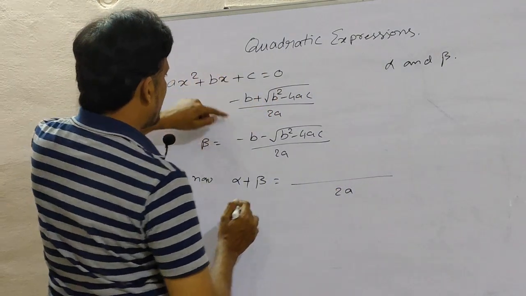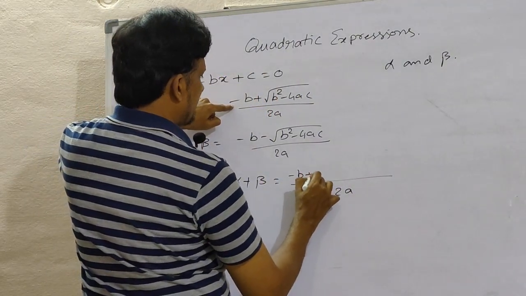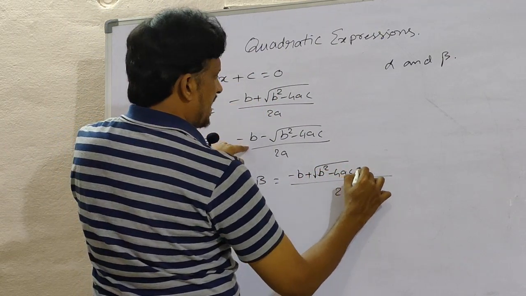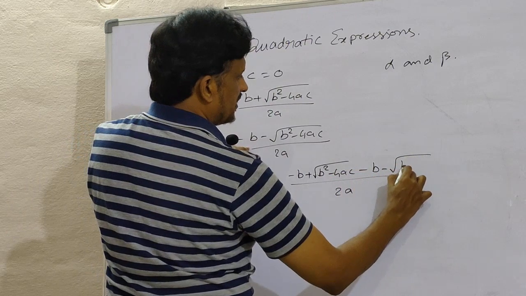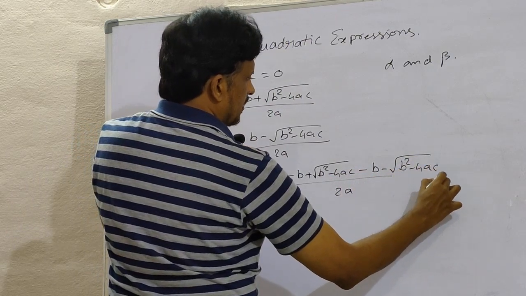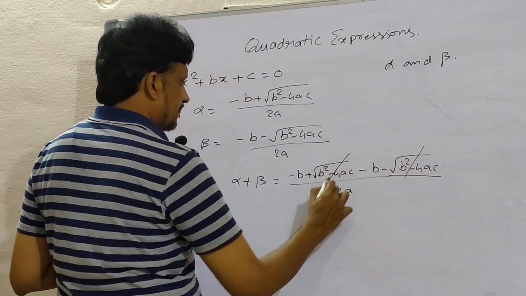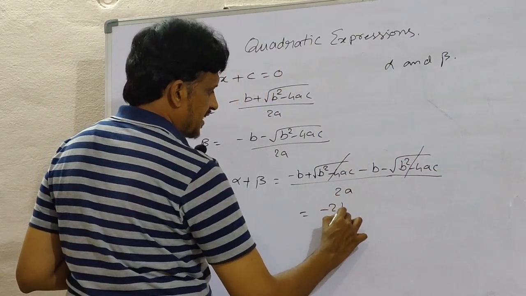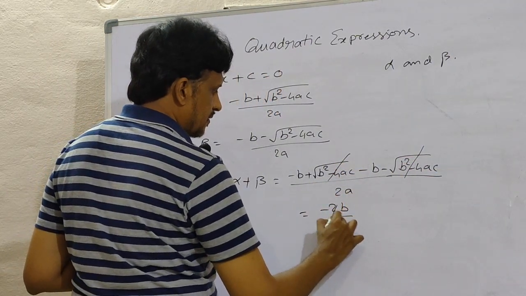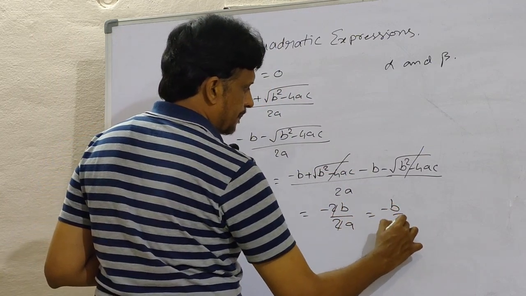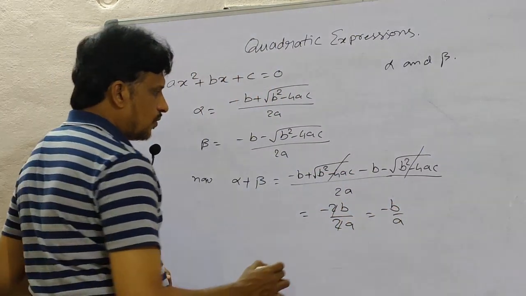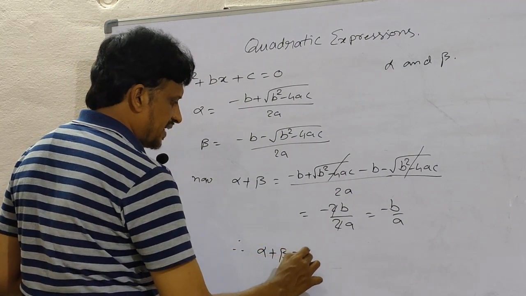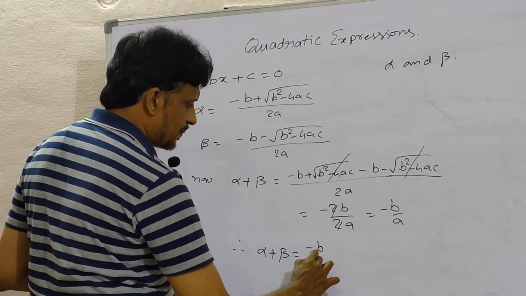Now if you add the numerators, this is minus b plus root b square minus 4ac, and now you are adding minus b minus root b square minus 4ac. Now these two get cancelled. The sum will be minus 2b by 2a, which is minus b by a. So therefore, remember one thing, sum of the roots alpha plus beta is always equal to minus b by a.